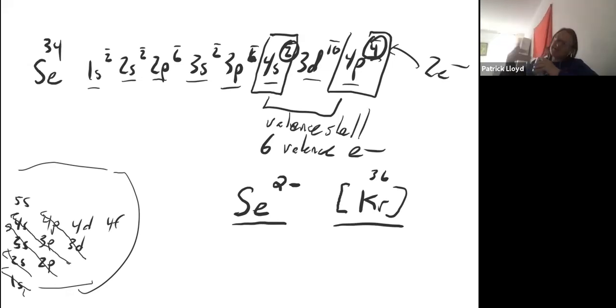Doesn't mean it's the same thing as a krypton atom. It just means it has the same number of electrons, the same arrangement of electrons. They would have different nuclei. The krypton atom has 36 protons, but the selenium atom still only has 34 protons. So they're not the same, but there are certain arrangements in nature that are naturally stable.